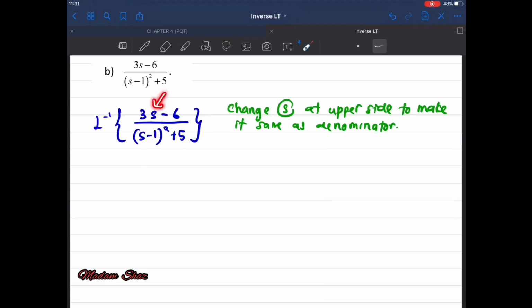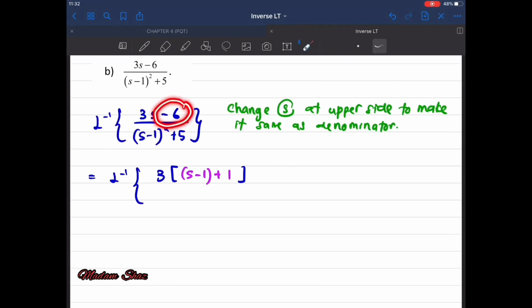So s at the upper side, we have to change it to s minus 1 plus 1, in a square bracket. In this square bracket, we will change the position of s to make it s minus 1 plus 1.